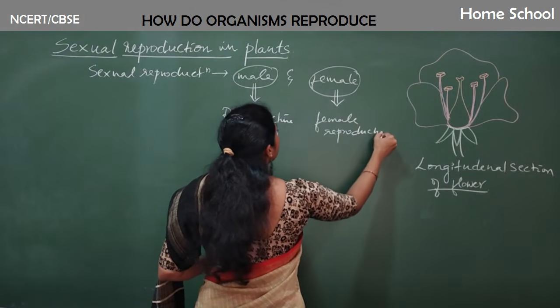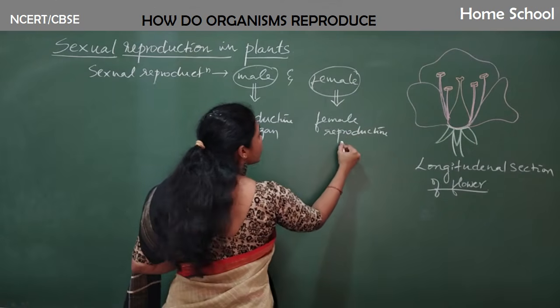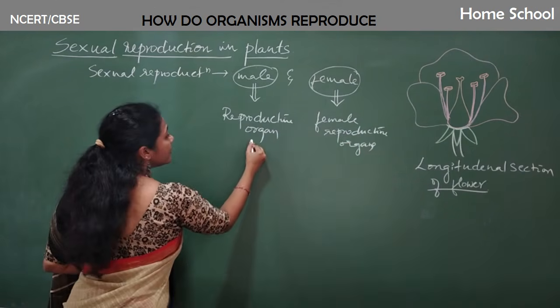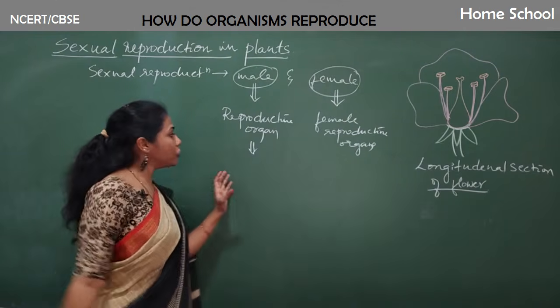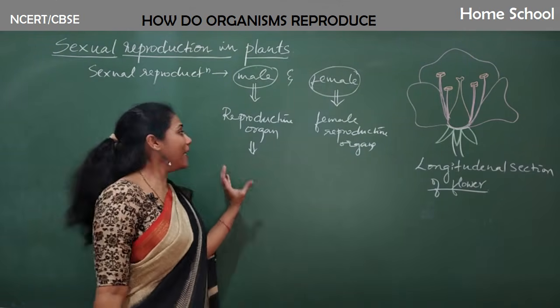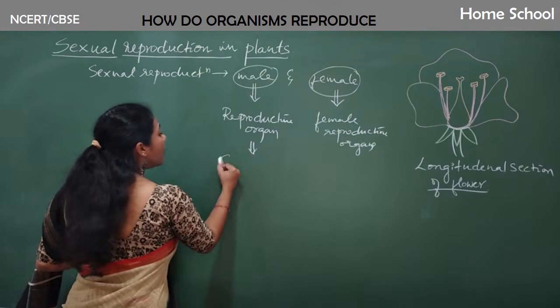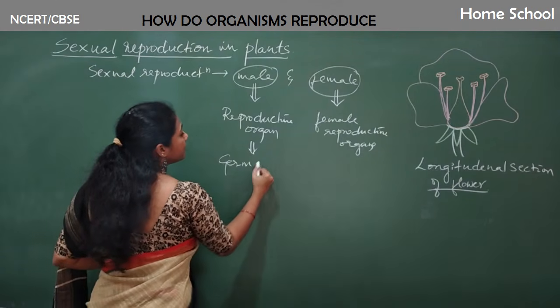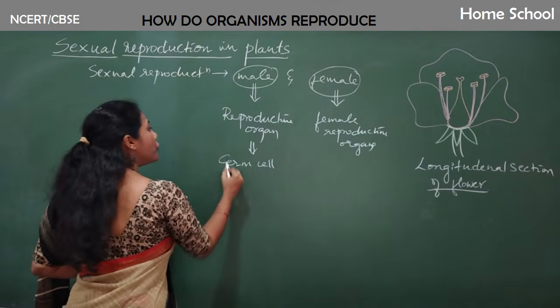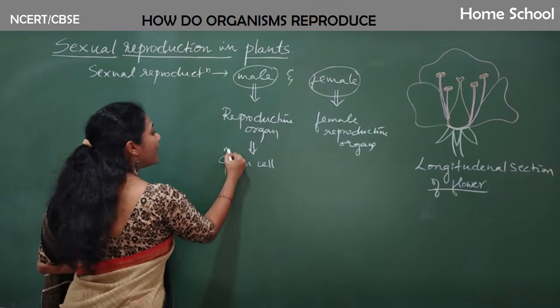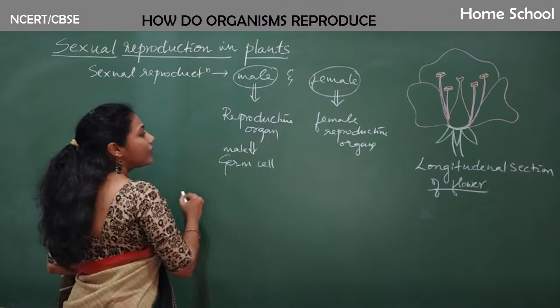Okay, so both of them have these specialized organs in them, and these organs, you know, at a certain age or certain level, they produce specialized cells called germ cells. Okay, so in male you will find the production of male germ cells.